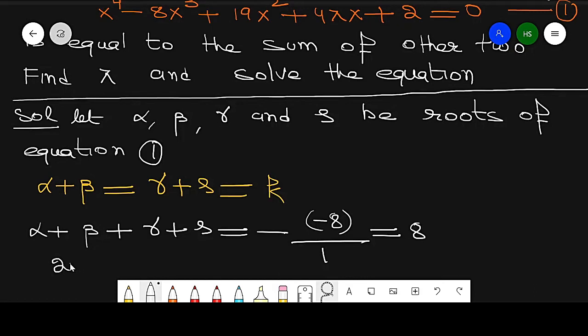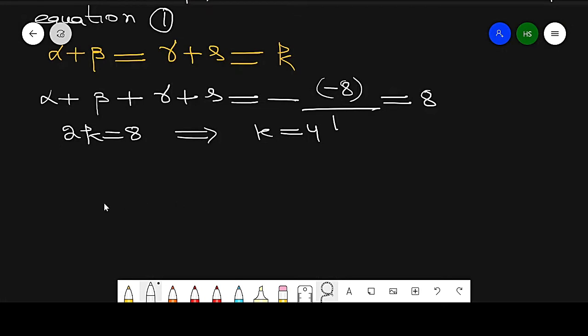So 2k equals 8, which implies k equals 4. So alpha plus beta and gamma plus delta are each equal to 4.